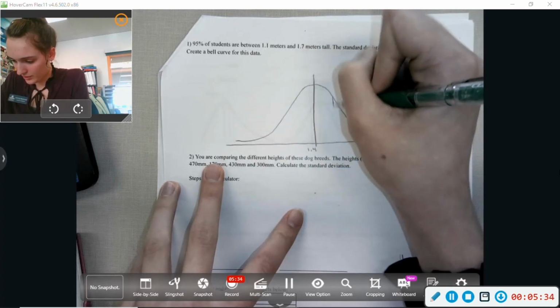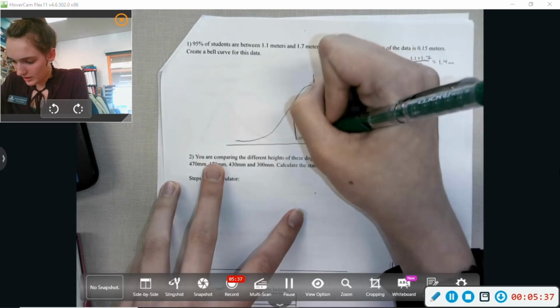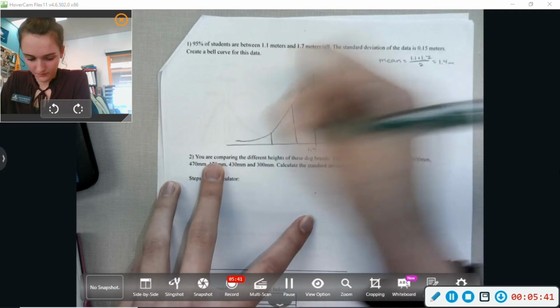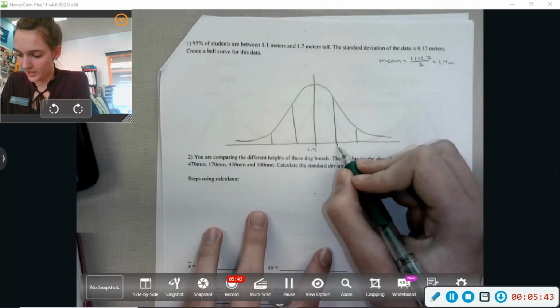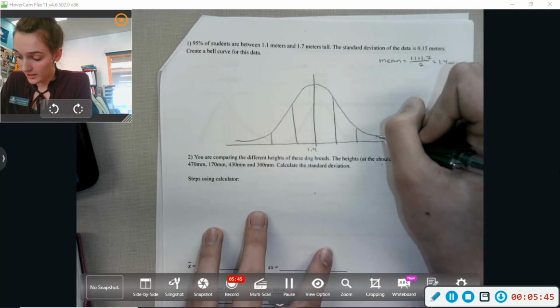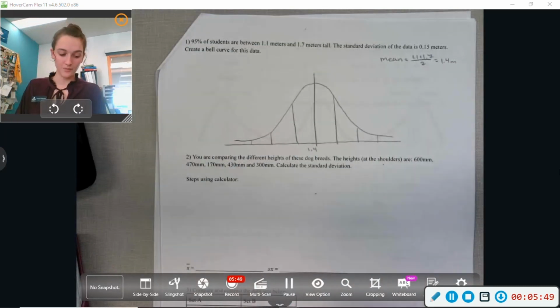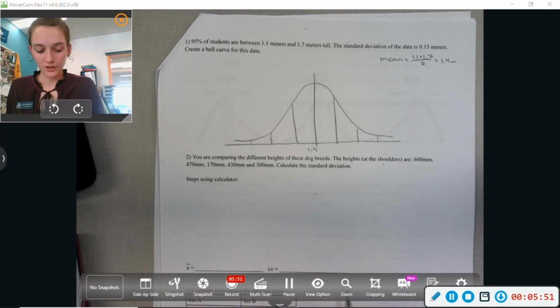I'm going to break it up so that it looks just like my other picture did. So this is one standard deviation, this is two standard deviations, then we also need three standard deviations in either direction.